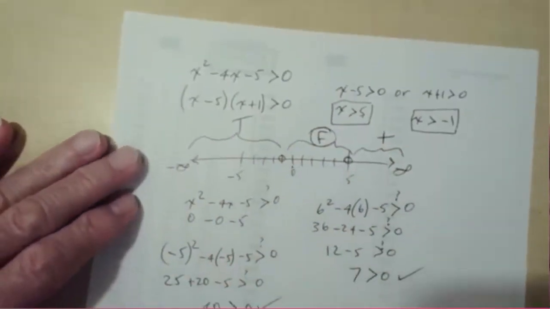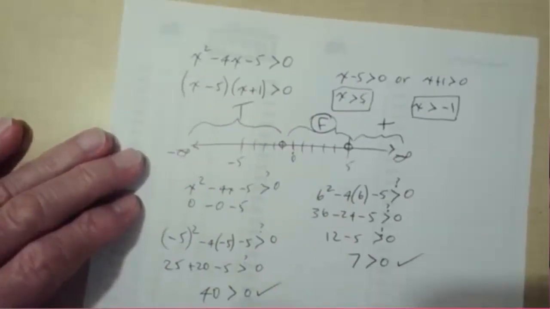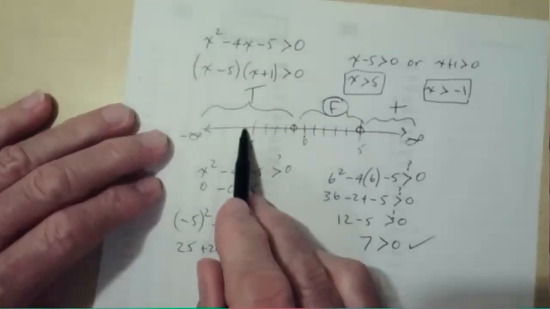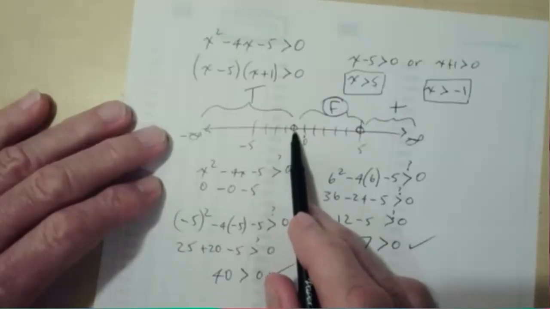So now what does our interval notation look like? First of all, let's use the lower side. What's on the low side? Negative infinity. That's the least this could be. What's on the high side? Negative 1.